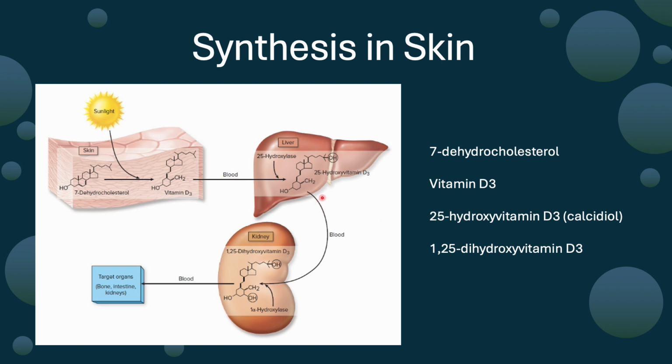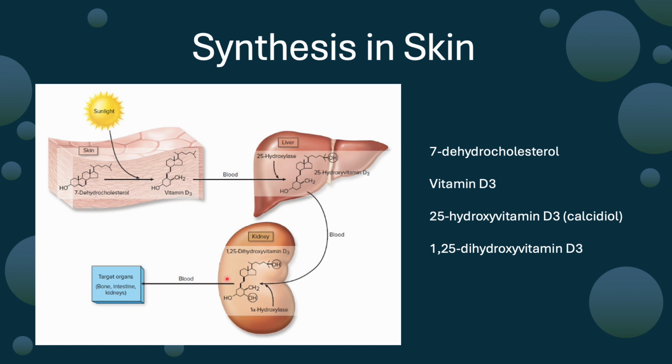Now, it takes one more step. Going to the kidneys, calcidiol is then converted into 1,25-dihydroxy vitamin D3. For the rest of this video, we'll just refer to this as vitamin D because this is the active form that most of us are going to be caring about.